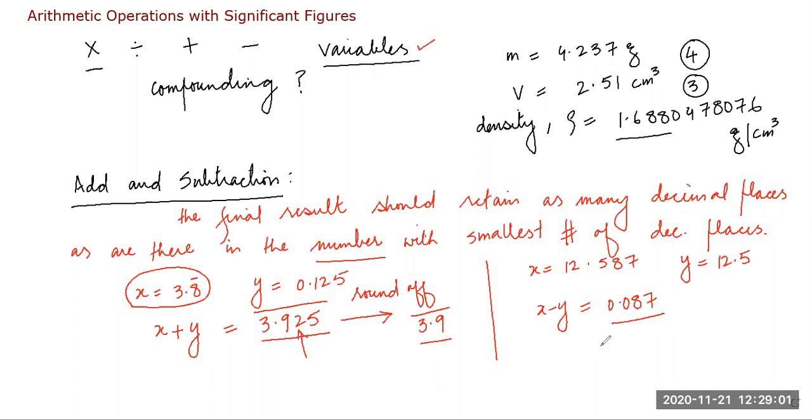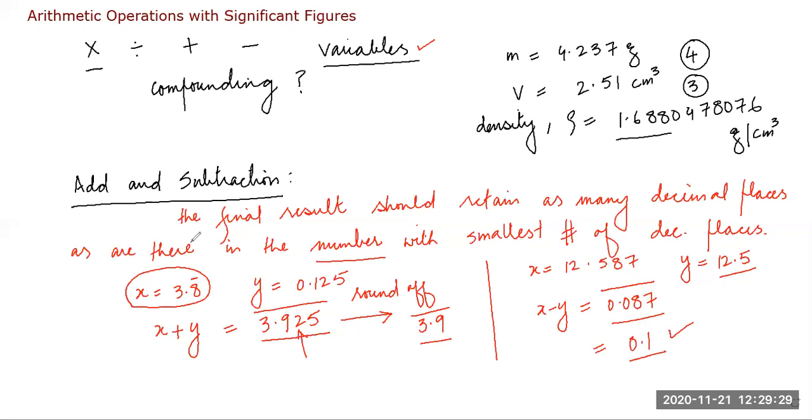Right? Now the rule is, the final result should have only one decimal place after the point. Only one digit should be there. So we will round it off to one decimal place. Here it is more than 5, so the preceding digit will be raised, so this will be equal to 0.1. This will be the answer.